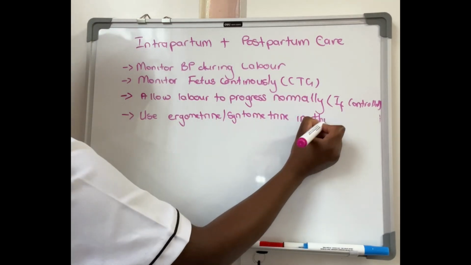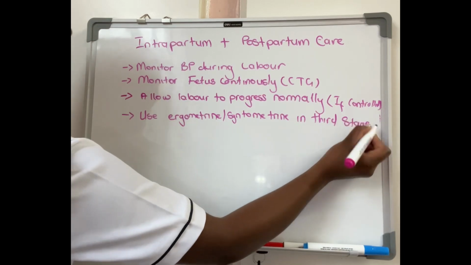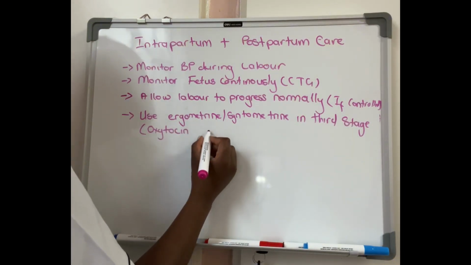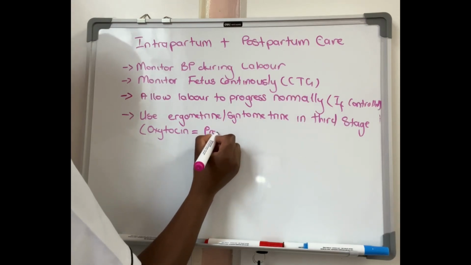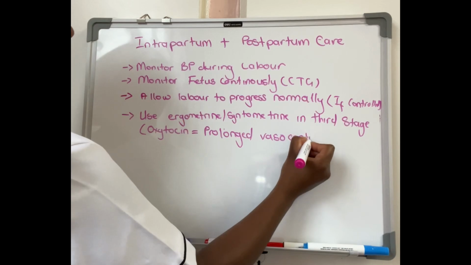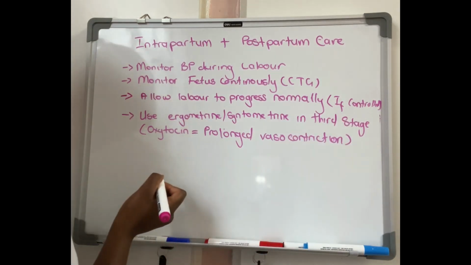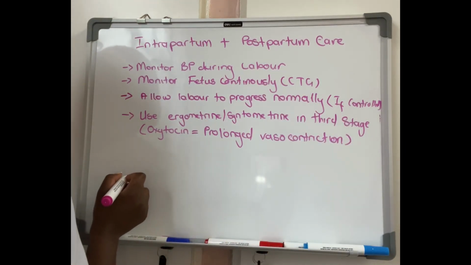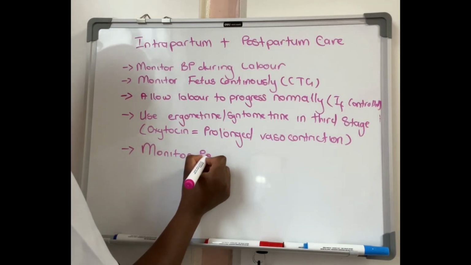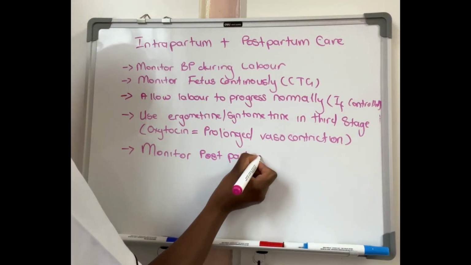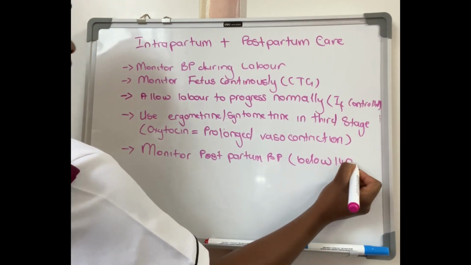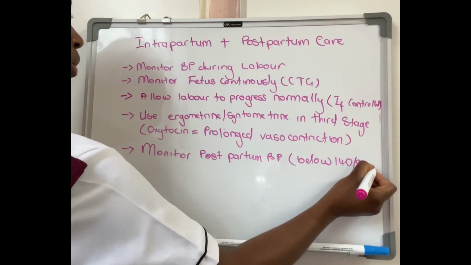Now, note that I know here I'm writing something completely different, but note that with women with chronic hypertension and gestational hypertension, we do advise the use of oxytocin for the management of third stage of labor, because the opposite is true with your ergometrine or syntometrine, it has an effect of prolonged vasoconstriction.